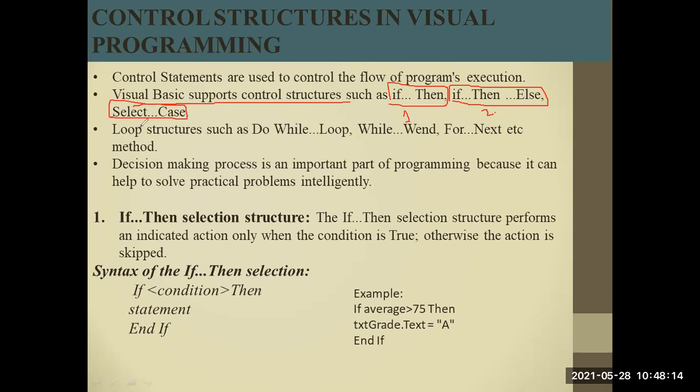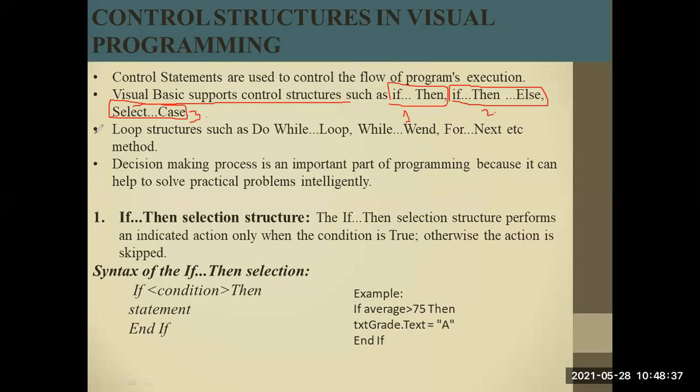So three control structures are supported in visual programming: if then, if then else, and select case. The select case is very similar to if then else, which we will discuss. Then one more is used here, called nested if then else, which we will discuss with the help of an example.